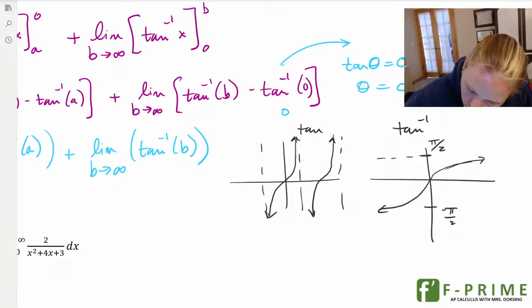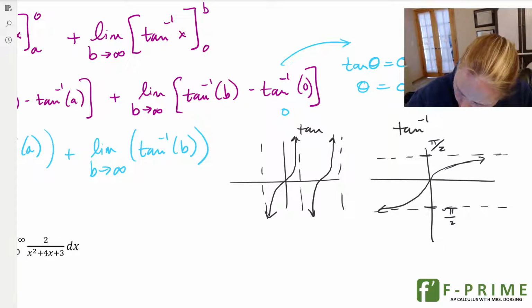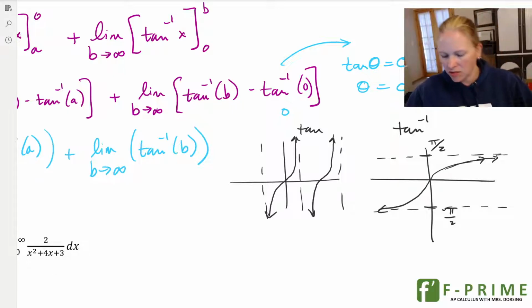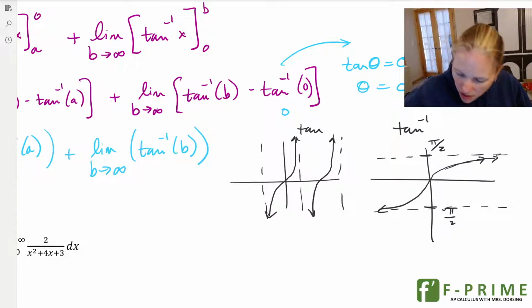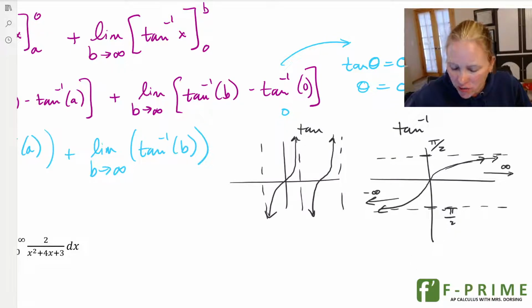So the horizontal asymptotes kind of look like this. So essentially it just gets flipped on its side. So what's happening as I'm approaching positive and negative infinity? Well, as we're approaching positive infinity, my function's approaching pi over 2. As we're approaching negative infinity, I'm approaching negative pi over 2.